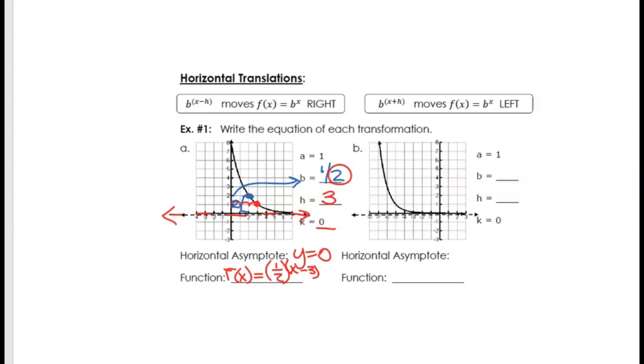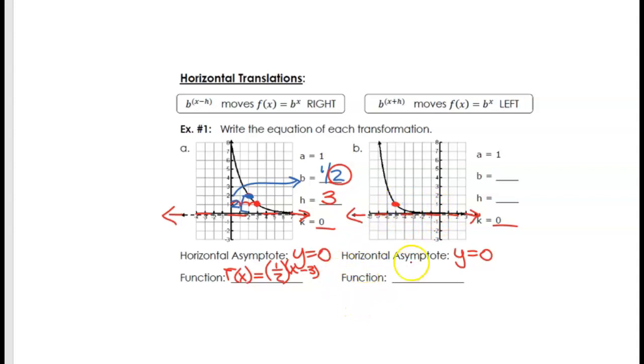So let's try part B, example 1b. So I'm going to find my horizontal asymptote of y equals 0. If I were writing my k value, if it weren't already there, I'd say that k equals 0. I'd go find the point 1 above, which happens to be at what? -5, 1.